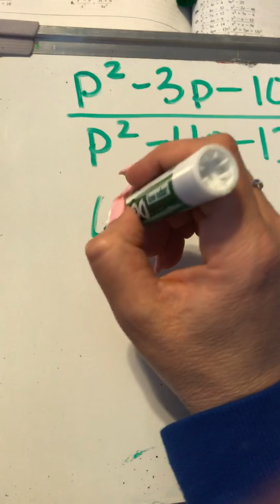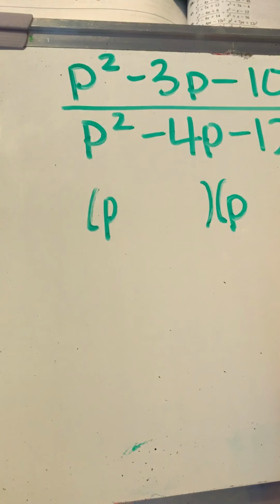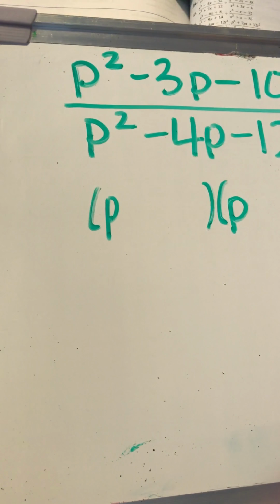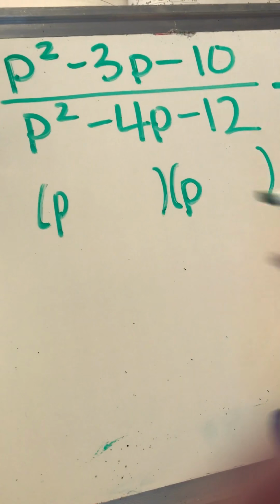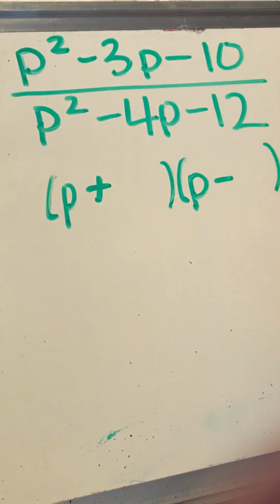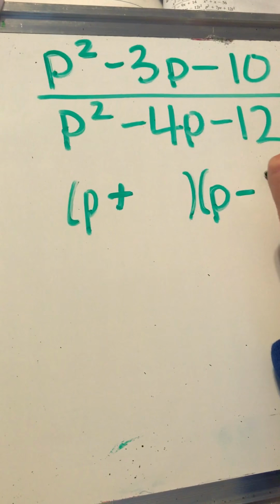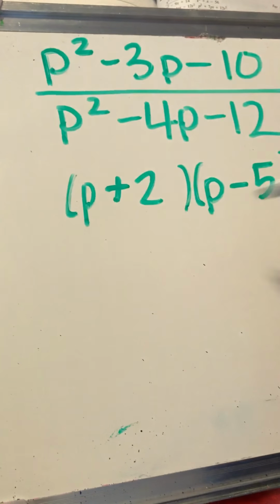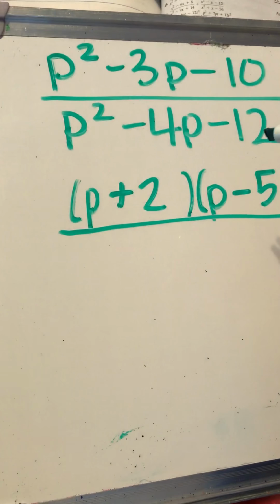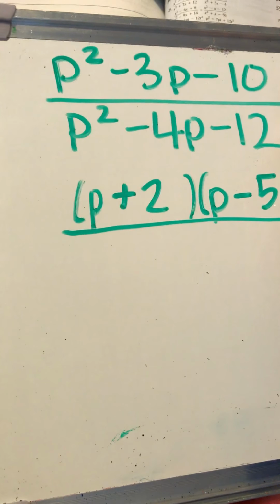We're looking for factors of 10 that give us a sum of -3. We know we'll have a positive and a negative. Factors of 10 are 5 and 2, so -5 and a positive 2 will work. Let's look at the denominator.